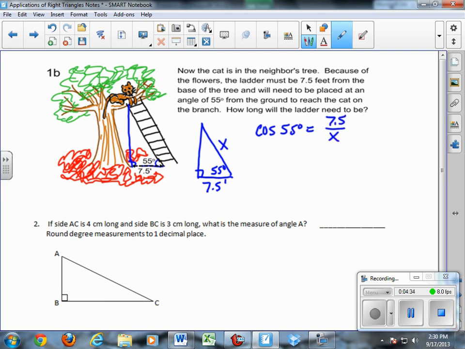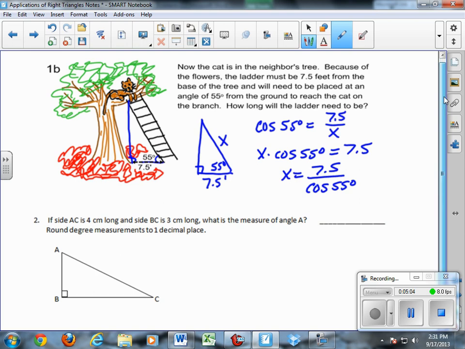A lot of people want to just say, oh, x is 7.5 times cosine of 55. No. x times cosine of 55 is equal to 7.5. Therefore, x is equal to 7.5 divided by cosine of 55 degrees. Once again, you can plug that in and find the answer using either the degree symbol or making sure your calculator is in degree mode.